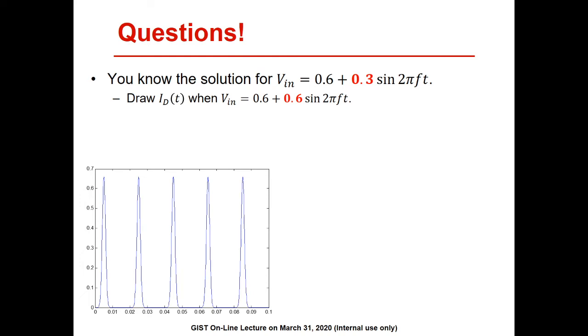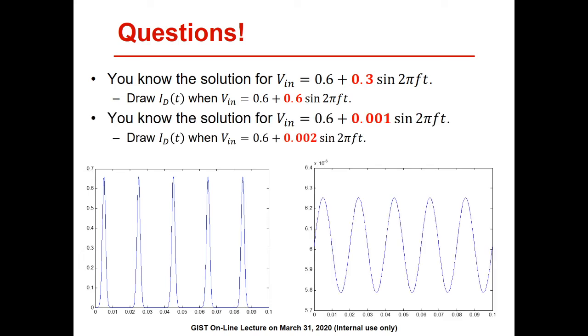I have important questions. When you know the solution for an amplitude of 0.3 volt, can you estimate the solution for 0.6 volt? Or, when you know the solution for an amplitude of 1 millivolt, can you estimate the solution for 2 millivolt?